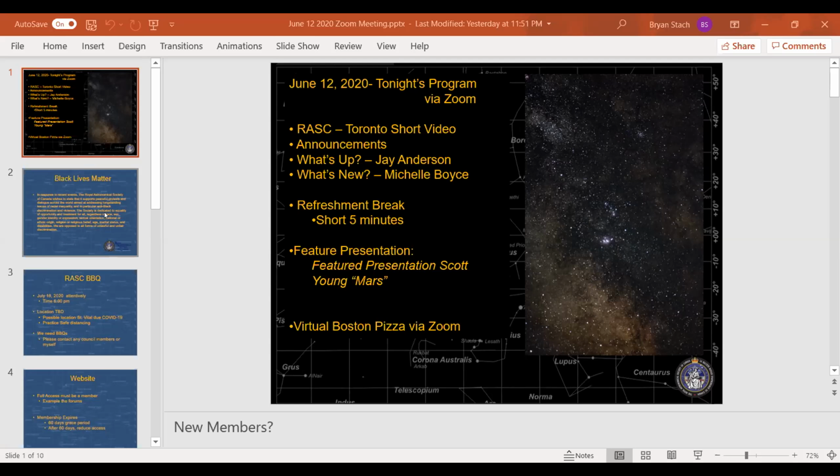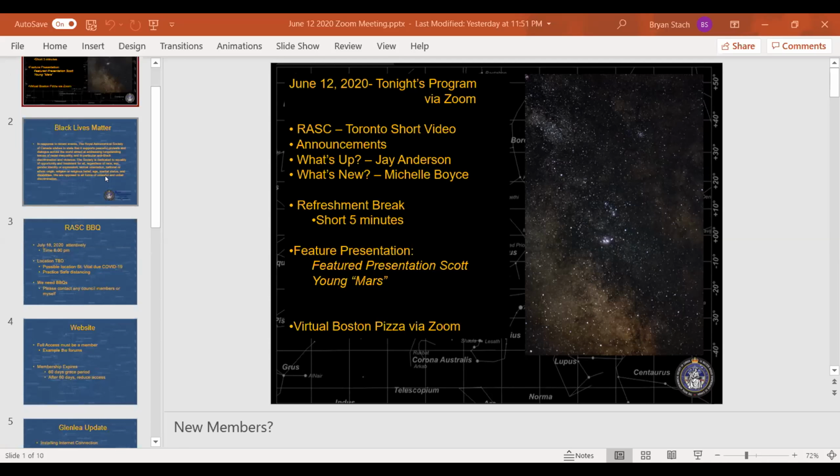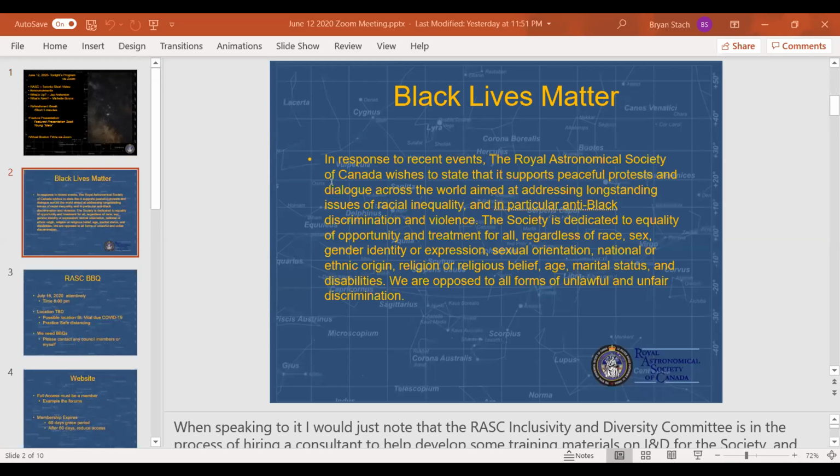Okay, because of recent events, this is the official statement from the National. So basically, what they're trying to say is the society, the National, is working on every angle that they can regarding the recent events, and they do have someone in place.